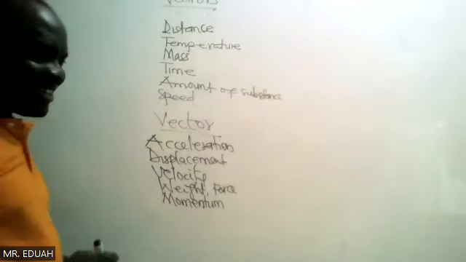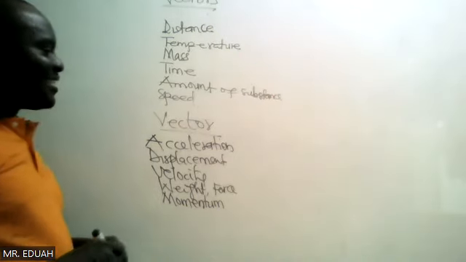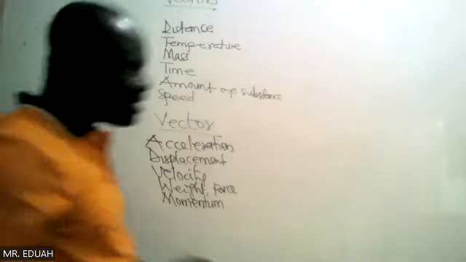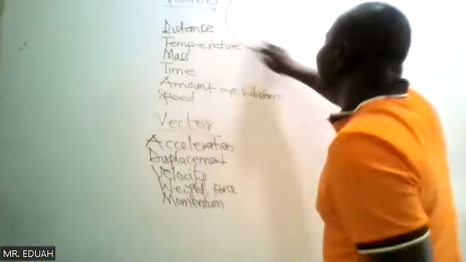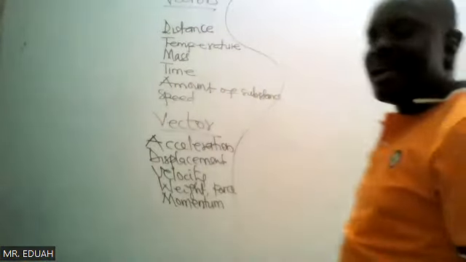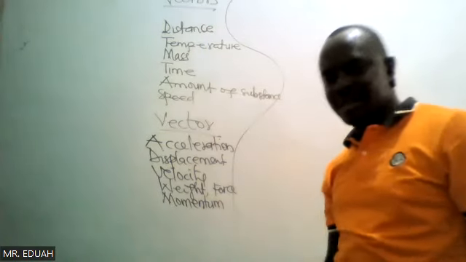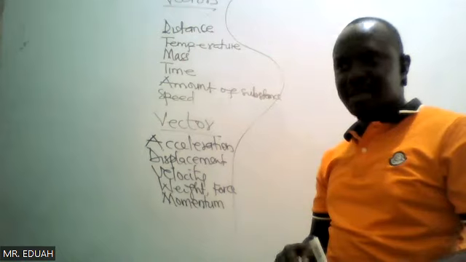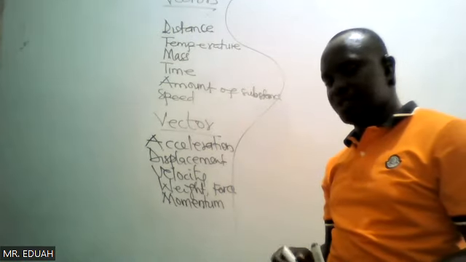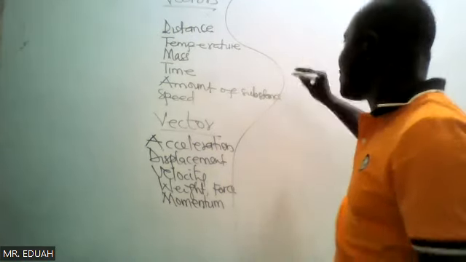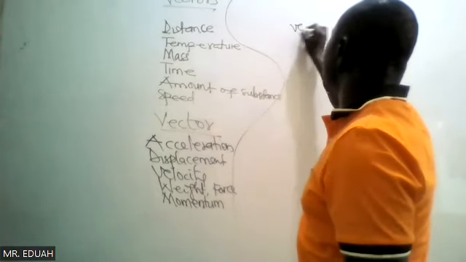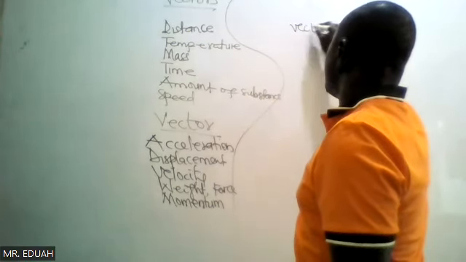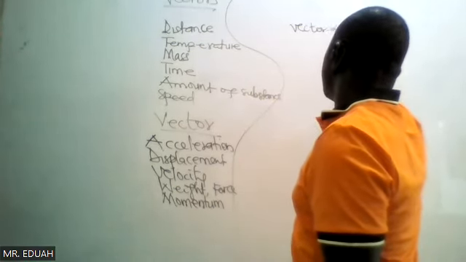Moment. Okay, good. Now, how do I distinguish a vector quantity from a scalar quantity?